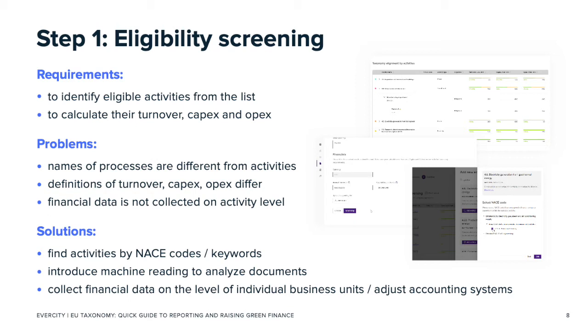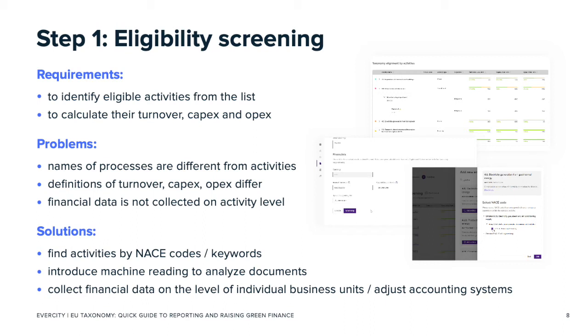The second challenge is to calculate eligible turnover, capex, and opex. For this, you need to have these financial parameters on the activity level, which is not always the case for companies. Very often they don't have this data, so they collect it on the level of individual business units or divisions and so on. Our approach in our tool is to enable creating these units within the activity.